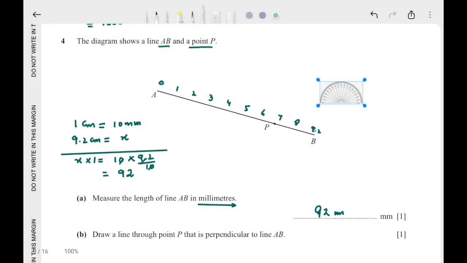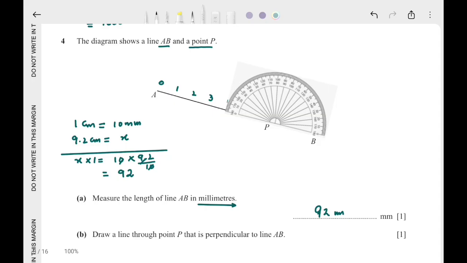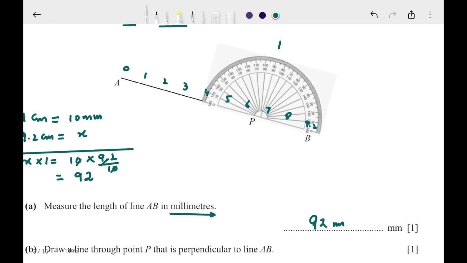Next part. Draw a line through point P that is perpendicular to line AB. So we'll take help of a protractor, and we'll place the protractor on P, and 90 degrees we have to mark, and it would be here somewhere.